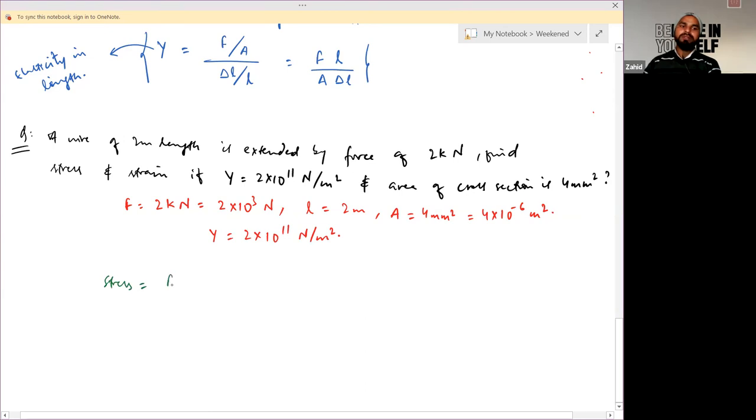Stress equals the amount of force over area of cross section.